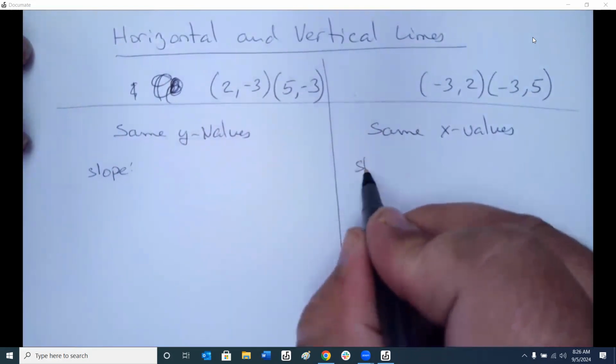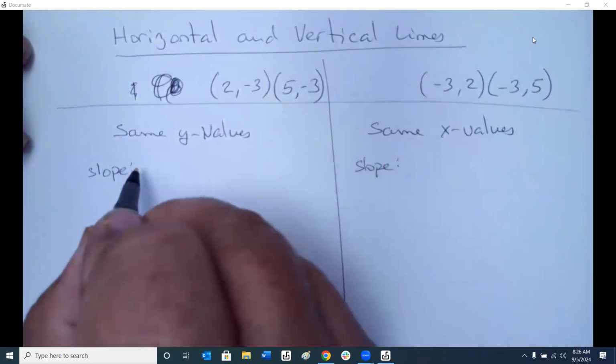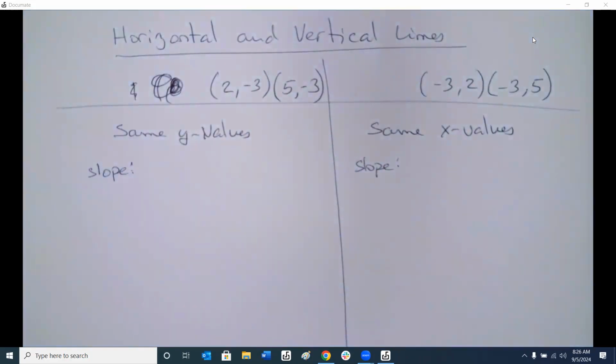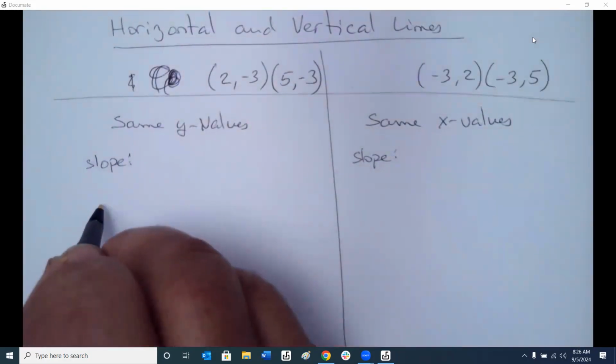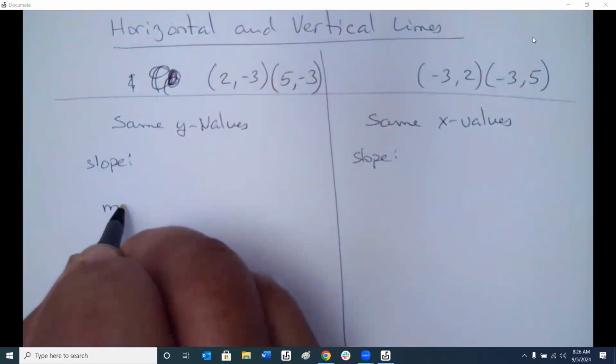Let's find the slopes of both of these. Remember the formula for slope?